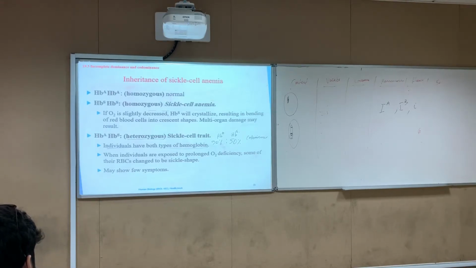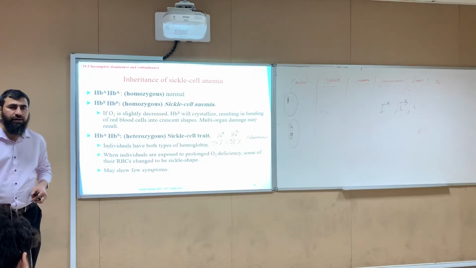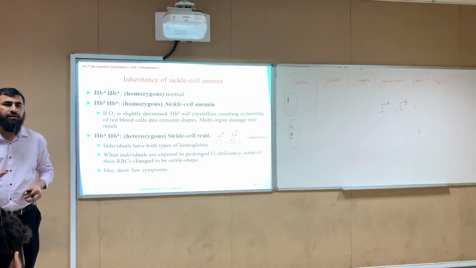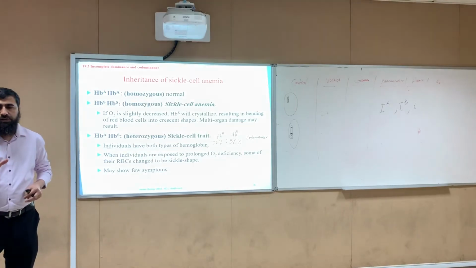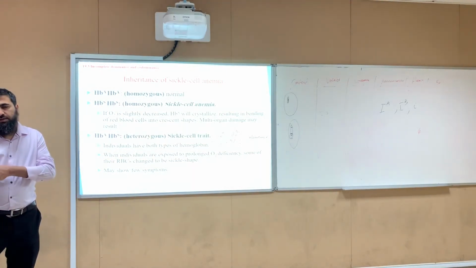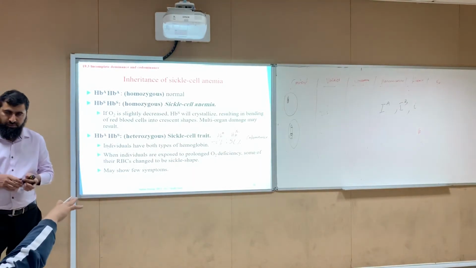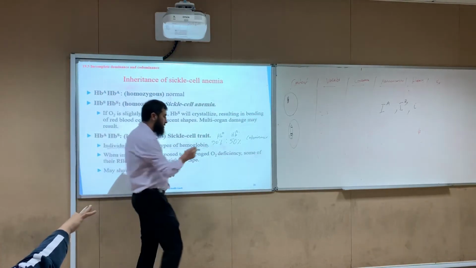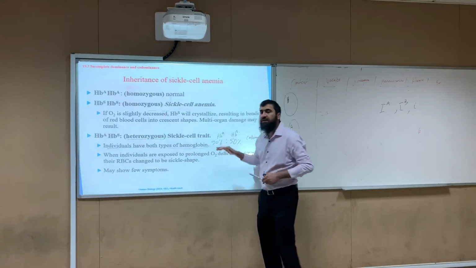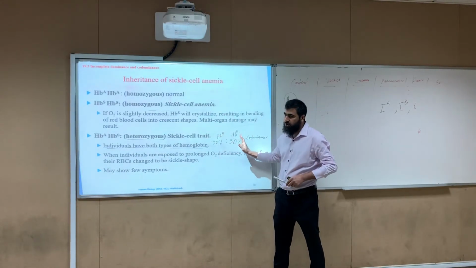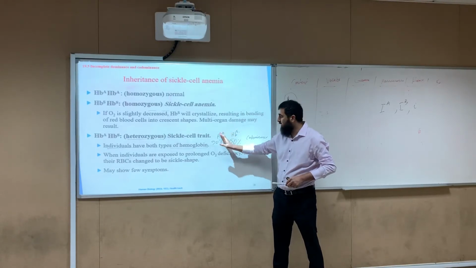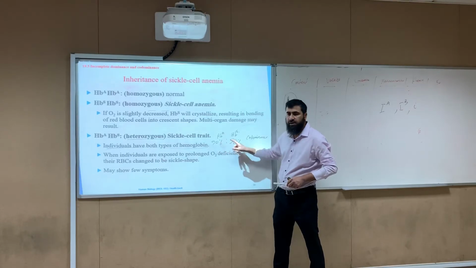So you get some sickle cells forming, and the trait becomes incompletely dominant. In the first circumstance, it's codominance: at the level of protein, both the normal and the S, HbA and HbS, are expressed 50-50.